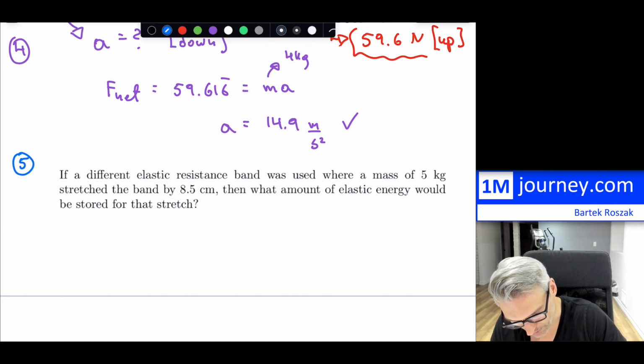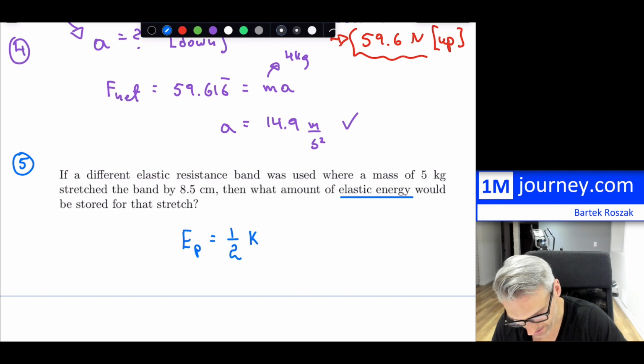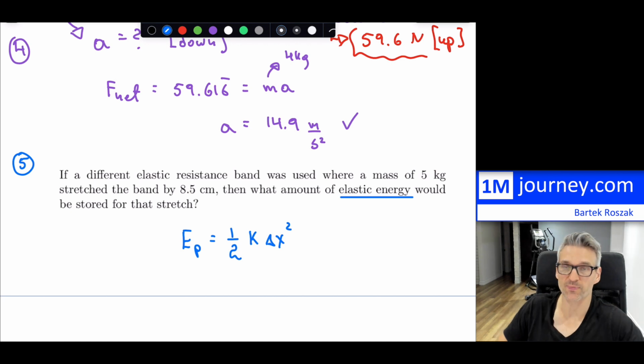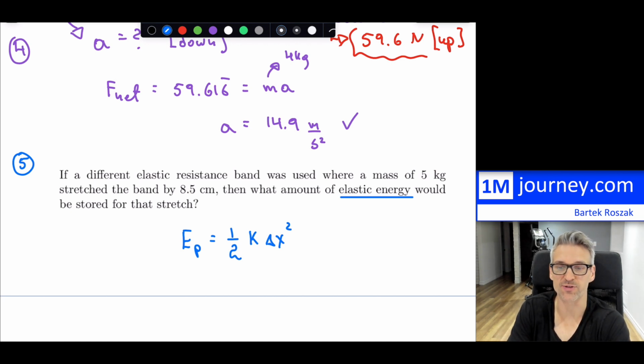So first of all, notice it's asking us for elastic energy. Now we're going to assume that it's all ideal. So the elastic potential energy that you have is 1/2 times the constant and then your displacement squared. So you can remember that formula.